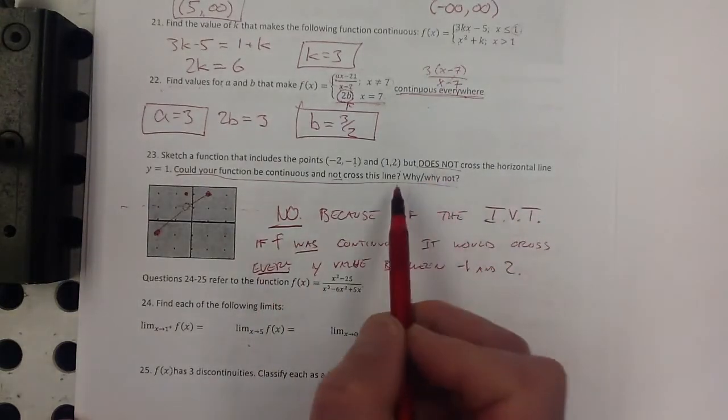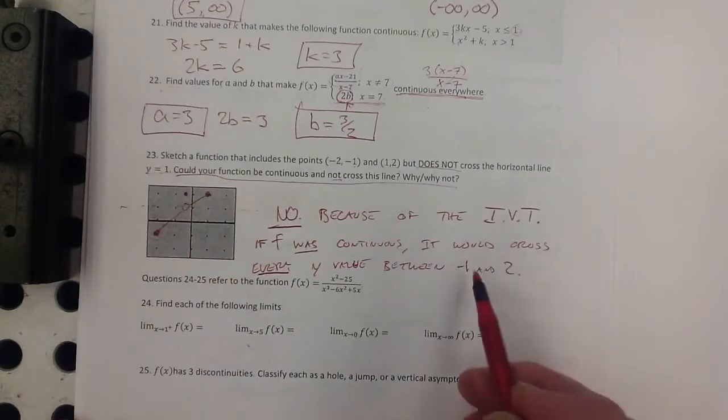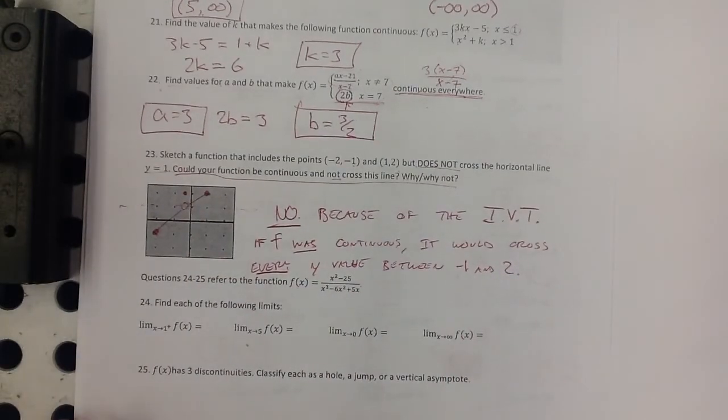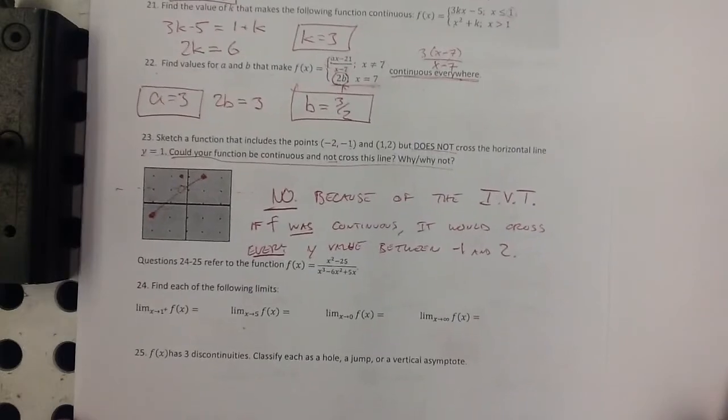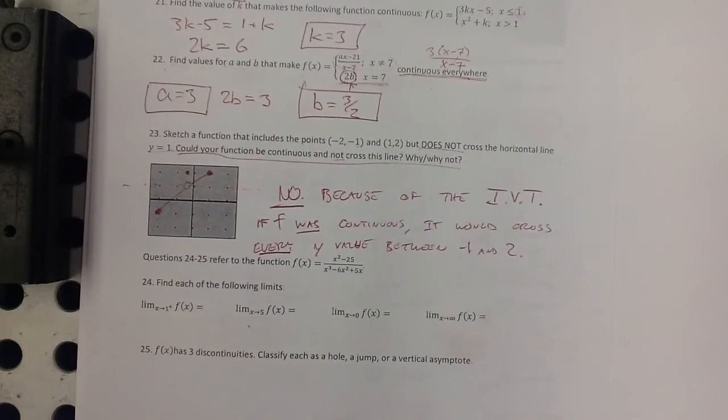And of course that would include our line at y equals 1, because the 1 is in between -1 and 2. So can't do it and still have a continuous function.